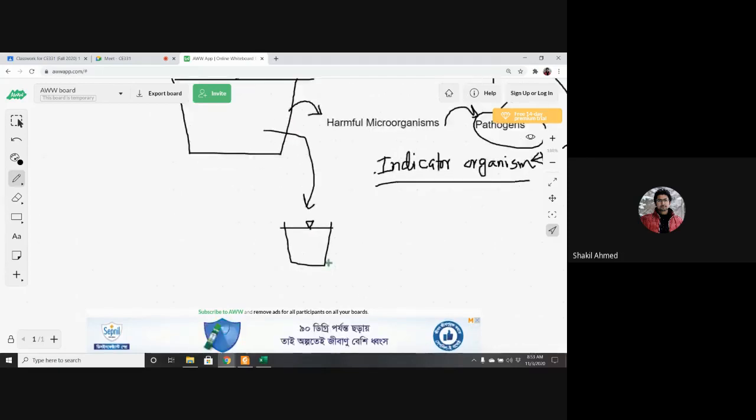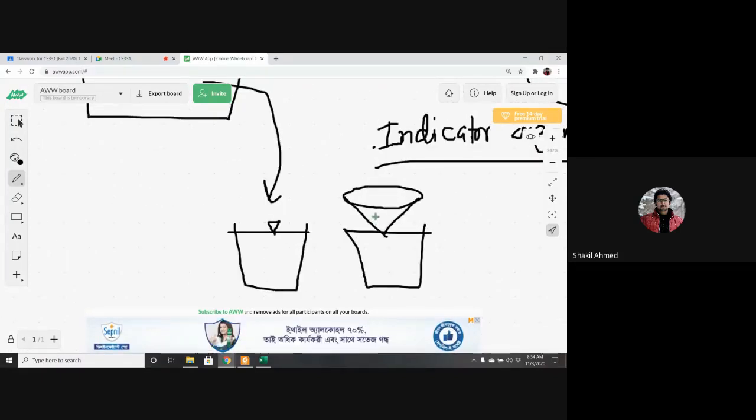Now what you do is you take a filter paper, and the size of the pore of this filter is smaller than the size of the E. coli bacteria.